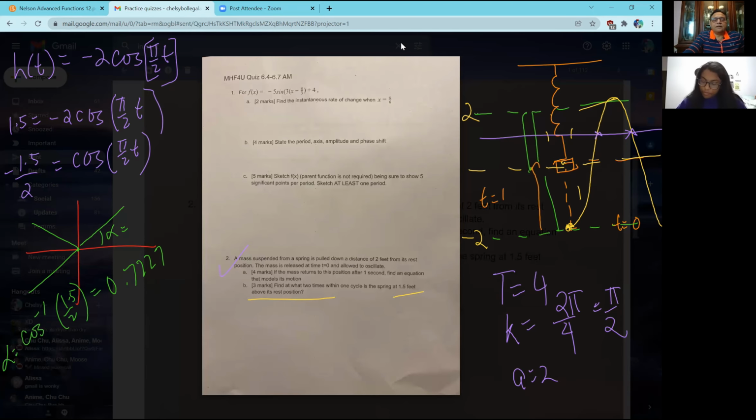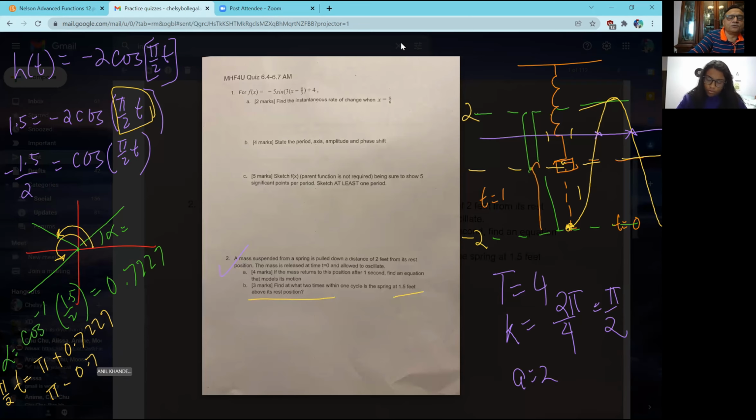Perfect. So that is your related acute angle, but we'll still find, this is pi by 2 t. Remember that, okay? So the actual values which we are going to put are pi plus alpha and pi minus alpha, right? So pi by 2 t is my argument. Is it okay? Pi by 2 t, that is the argument, equals pi plus 0.7227 and also pi minus 0.7227.